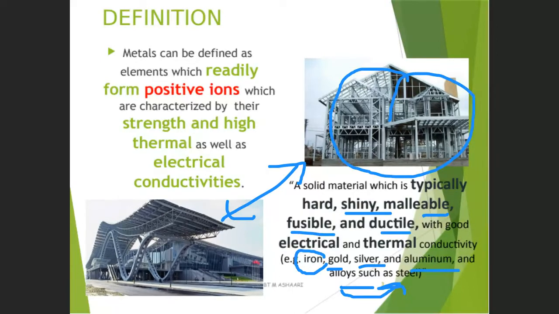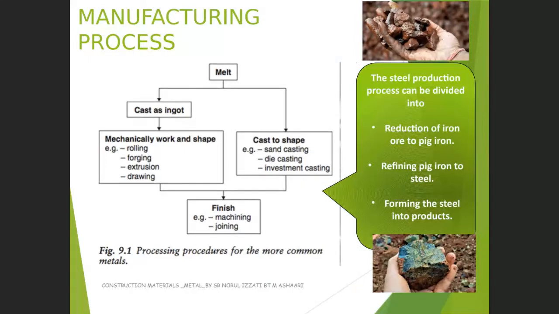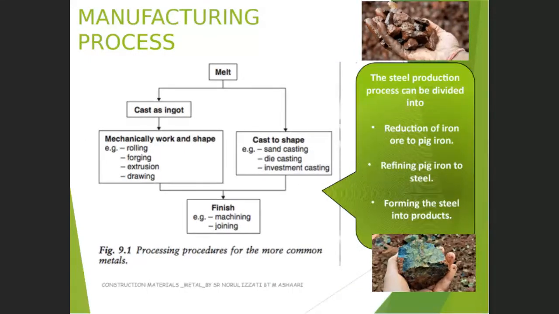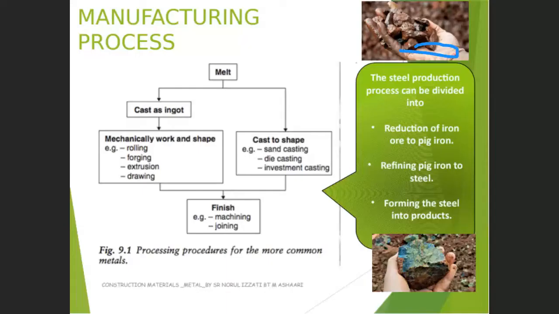Let's go to the next one. When we explain about metal, look at the manufacturing process. It actually comes from pig iron. This is an example of pig iron. The steel process starts from iron ore, or what we call pig iron.